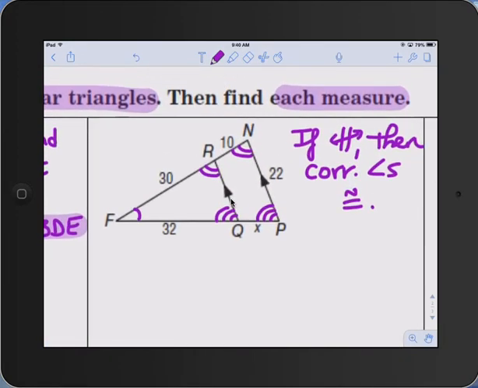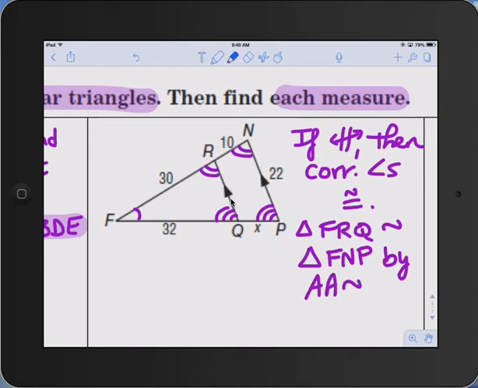So notice that on this one, that will make triangle FRQ similar to triangle FNP by angle-angle similarity.